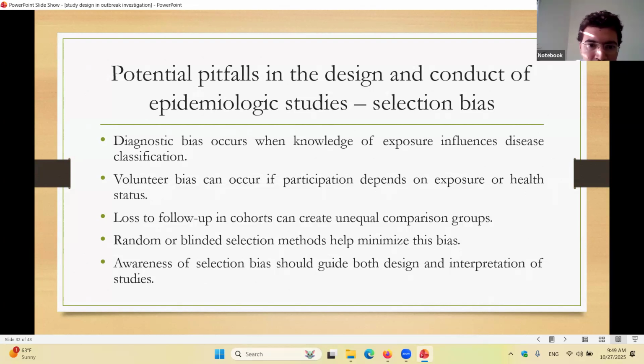Loss to follow-up in cohorts can create unequal comparison groups. Random or blinded selection methods help minimize this bias. Awareness of selection bias should guide both design and interpretation of studies.